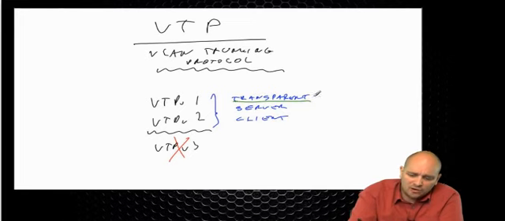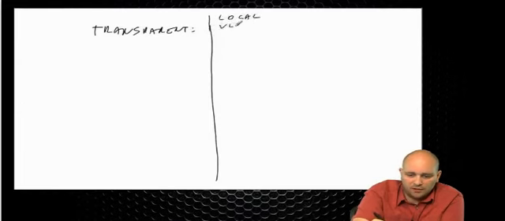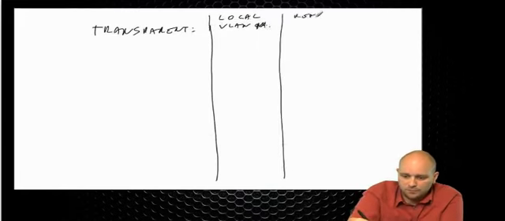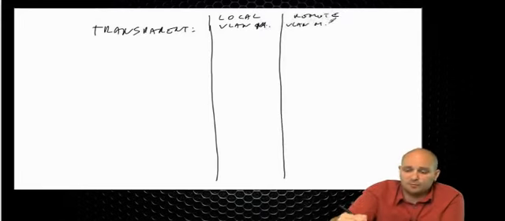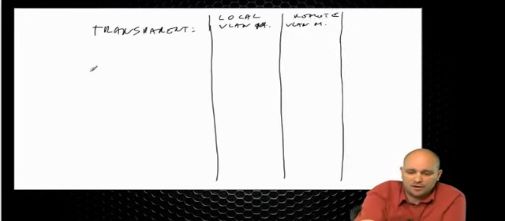So what are the characteristics of the transparent, server, and client mode? Let me create a table. We have local VLAN creation, or let's say modification. Remote VLAN modification. That means, can the update from the network change the configuration on our switch?